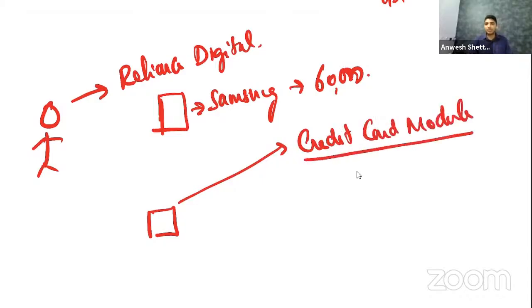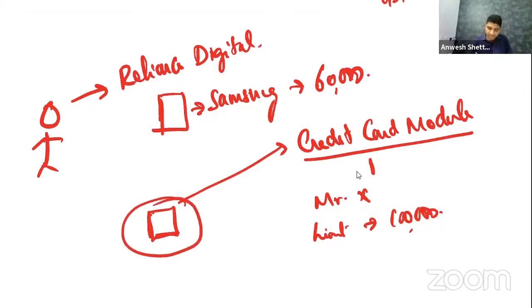This small machine will ask, what is the name of the customer? The credit card module will say, the customer is Mr. X. Then it will say the limit, he can purchase up to 1 lakh rupees.